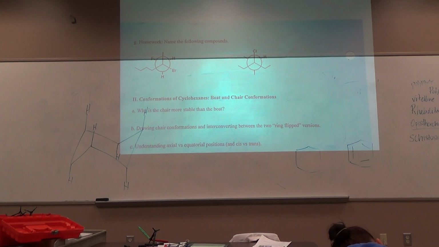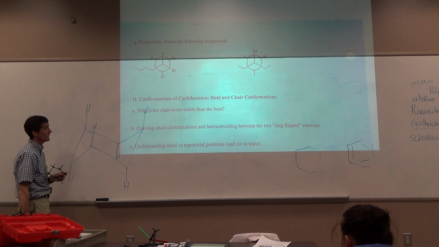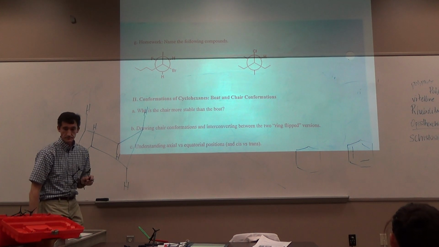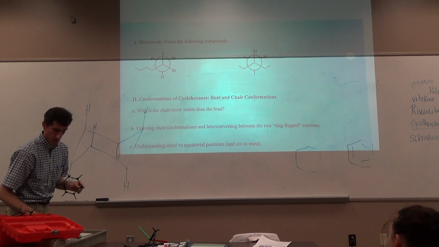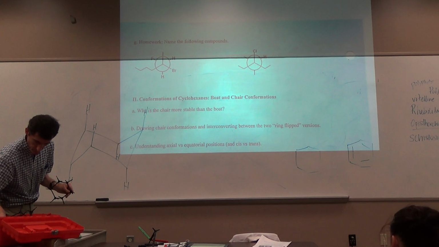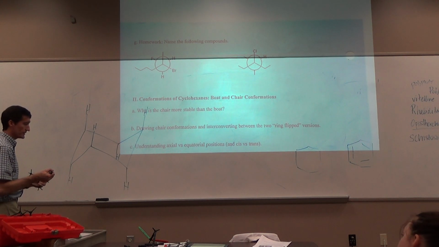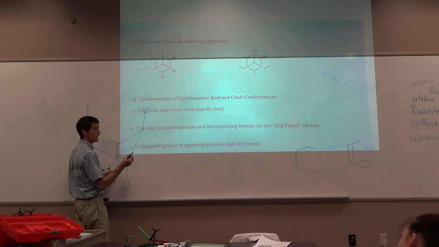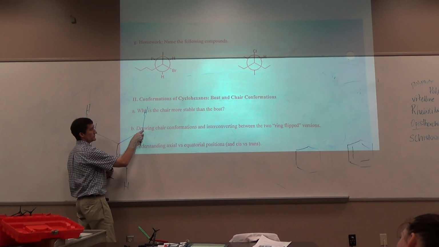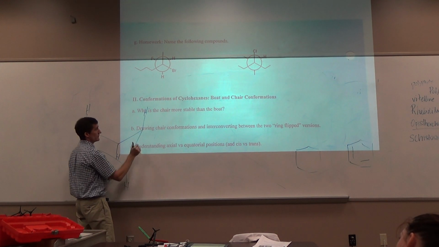All the H's on the board are called axial. Axial H's are either straight up or straight down. You guys don't have different color probably, but I'm going to draw the other H's in black. The other H's are going to be called equatorial.